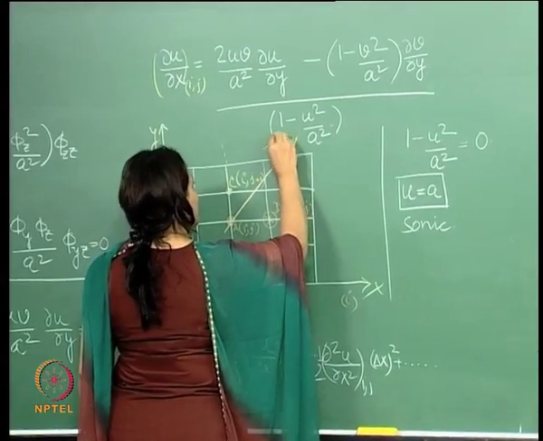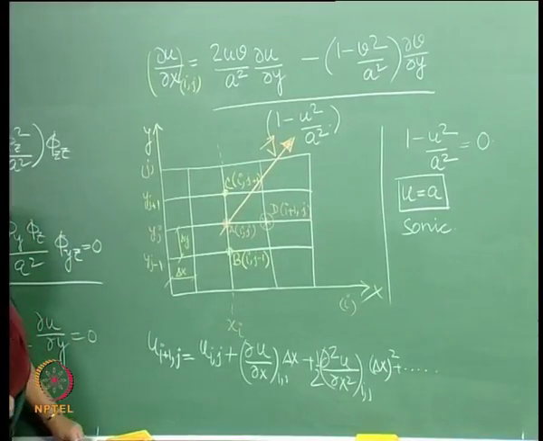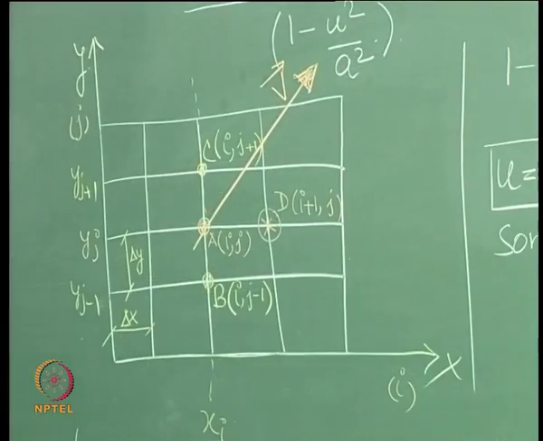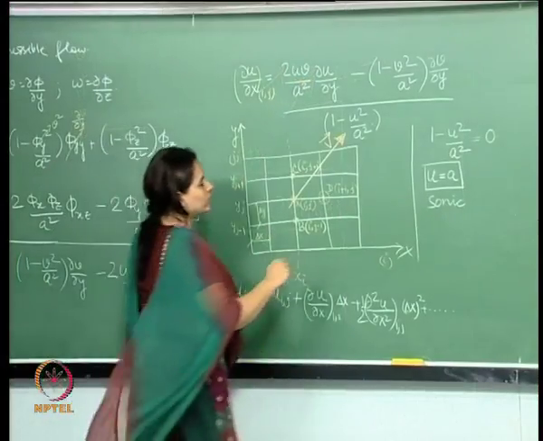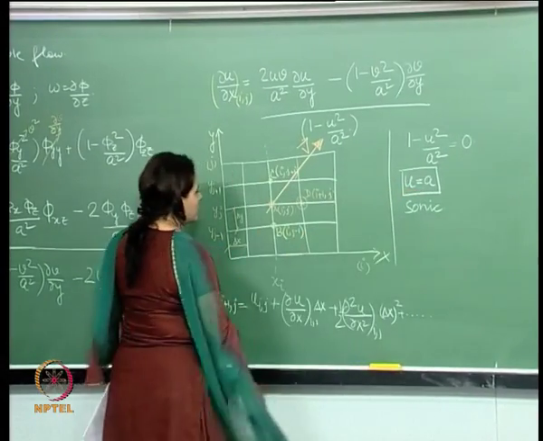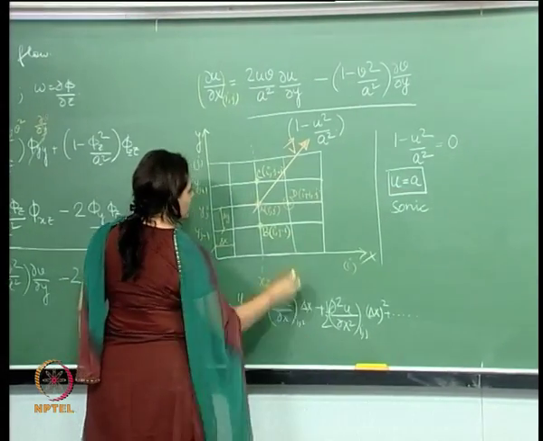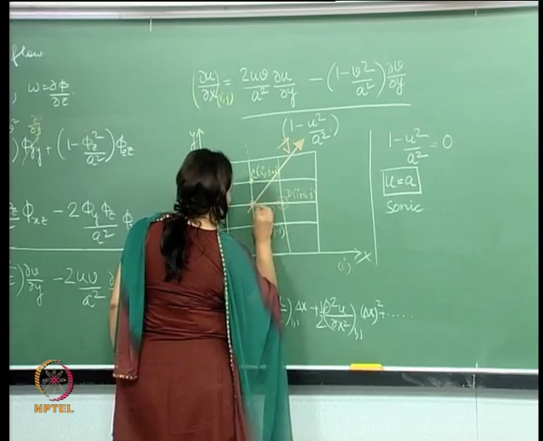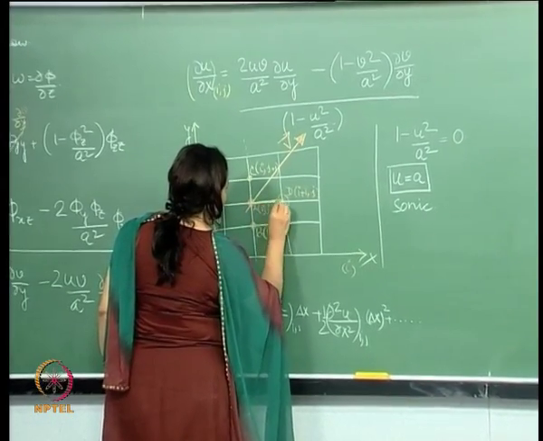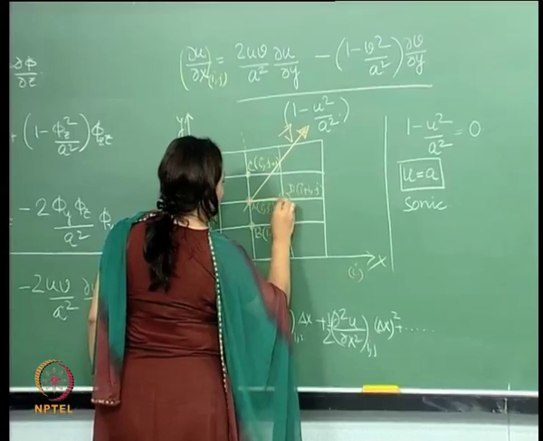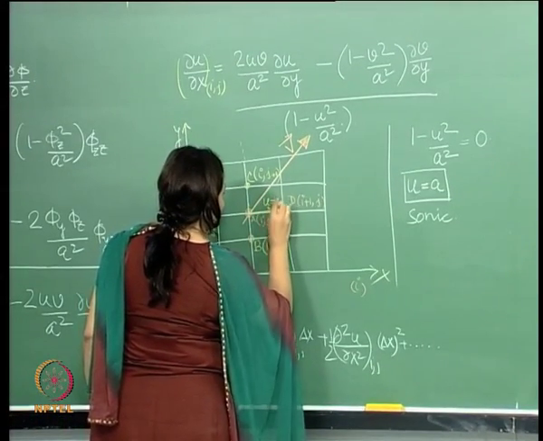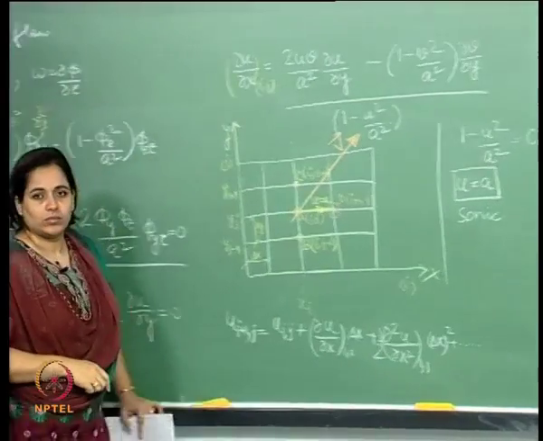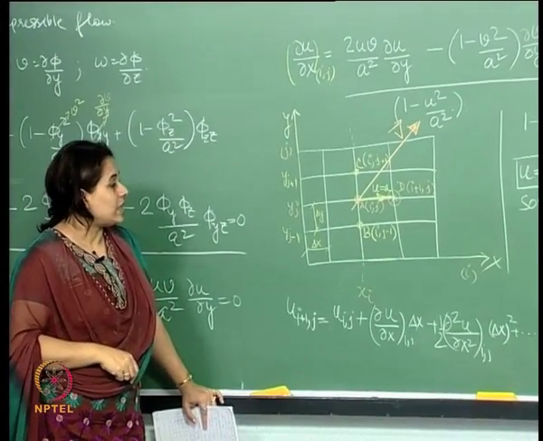Now, it so happens that here the x component u is sonic, which means that this component out here, u, is equal to a.